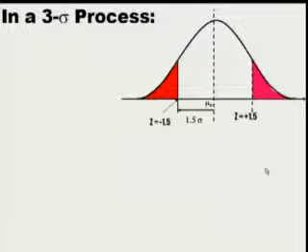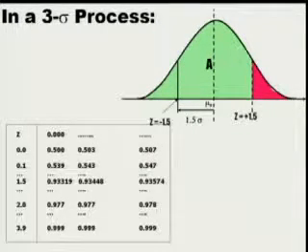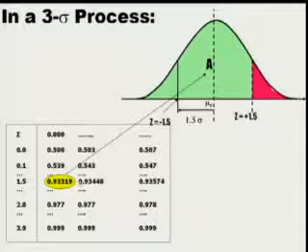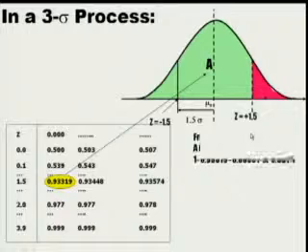In either case, to get the area, if you recall from the normal curve session, we go to the normal table, and since the normal table gives us the cumulative area, which is this green area here, we look at Z of 1.5, and we find that the area is 0.93319. Now this is the area from minus infinity to Z equal 1.5.